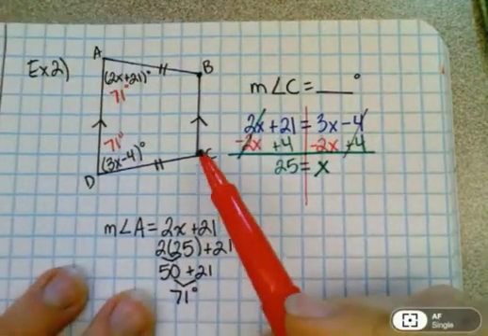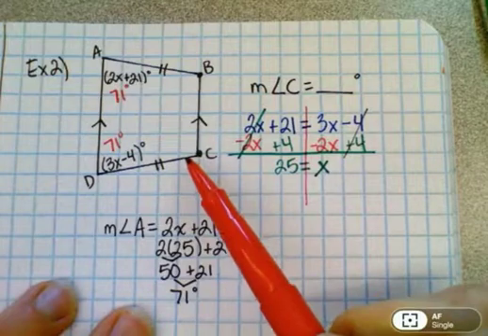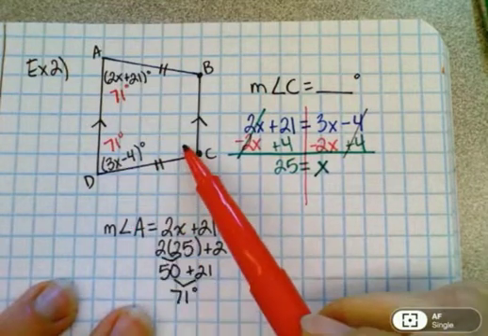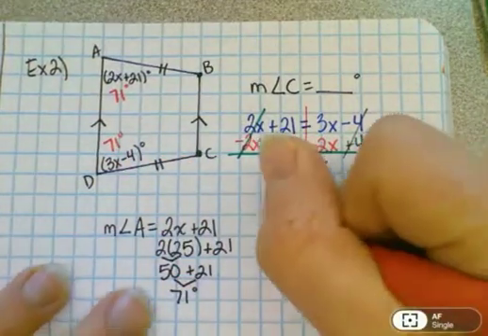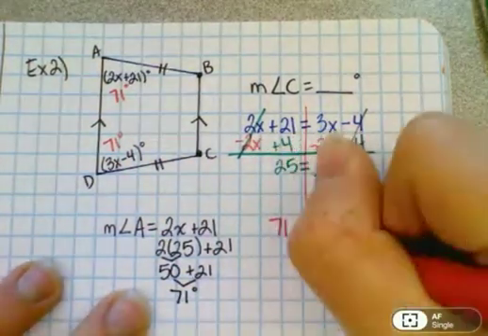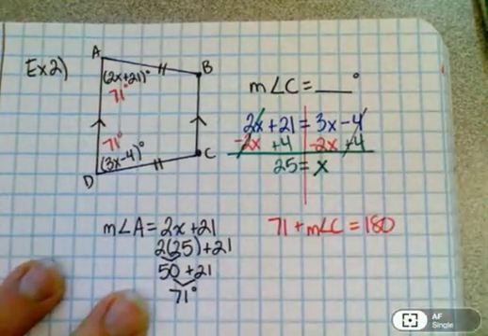So to find the measure of angle C, we just need to use that third property, which says that the non-congruent angles, so like this one and this one, they're not congruent, they have to be supplementary. So in other words, 71 plus the measure of angle C has to equal 180 degrees.